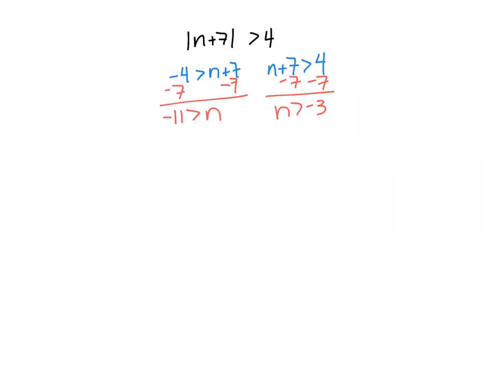Okay, a little bit of magic of resizing things. So now I need to see what my actual answer is going to look like, because Alex is a little bit funny about whether or not it's an OR problem or if I can smush it all together. So we're going to start by doing a number line. The important numbers are -11 and -3. You always want to keep them in order, smallest to larger.